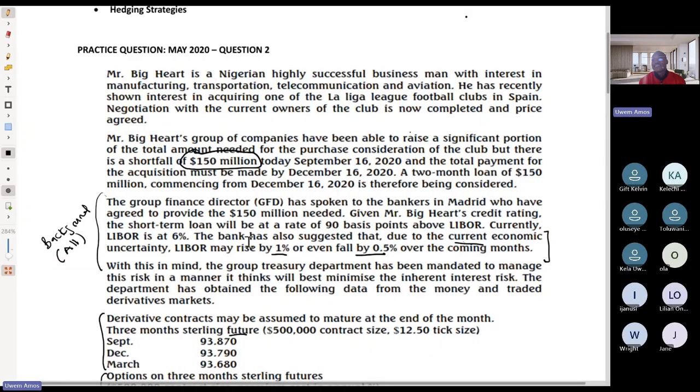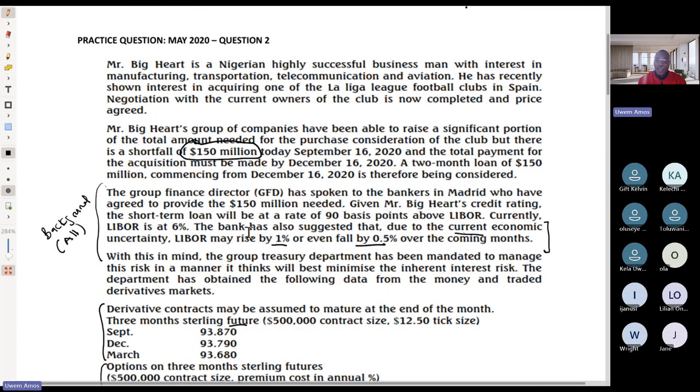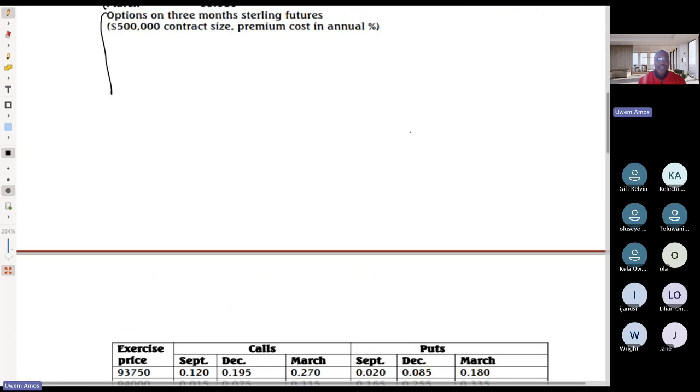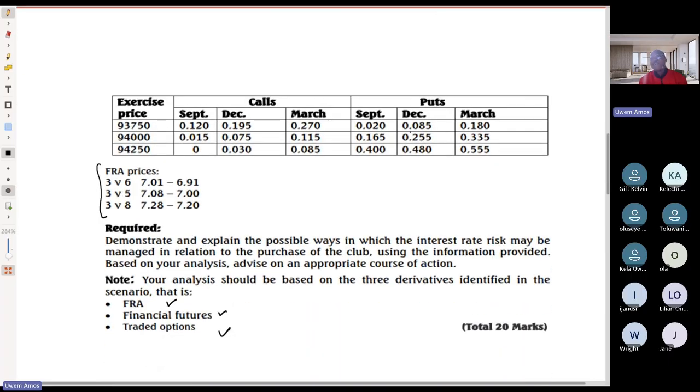Can we fix or agree on a fixed interest rate now for the future? And the OTC market tells you, yes, I have some FRAs on sale and you need to pick one. And they are 3V6, 3V5, and 3V8.